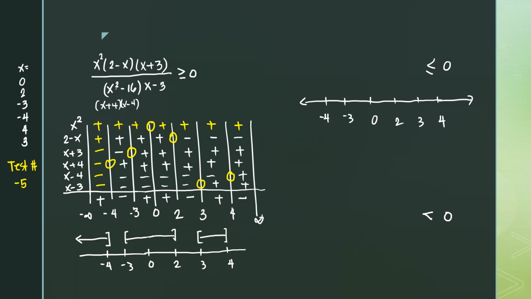When will it be less than or equal to 0? -4 and -3 has a line. 2 and 3 has a line. 4 and infinity has a line. Is there an equal sign or none? There is. So if there's an equal sign, it should be a bracket. Right? We'll make corrections later. I first want you all to know how I make the brackets.